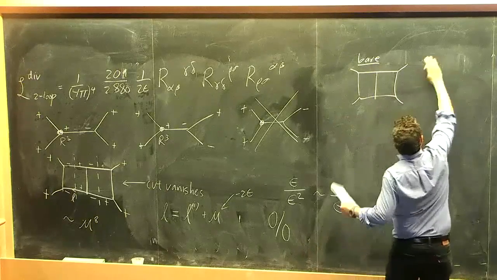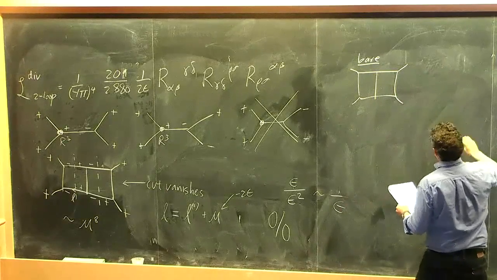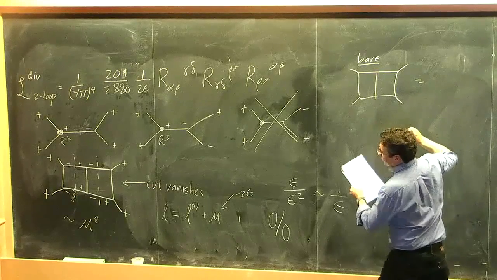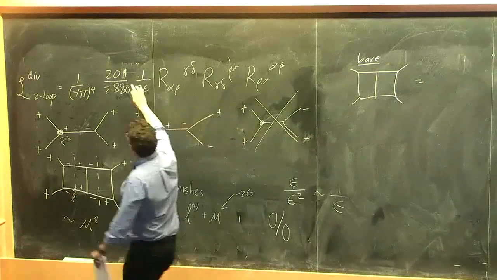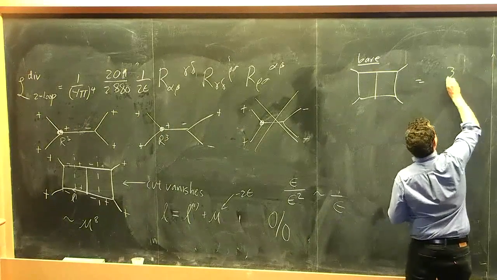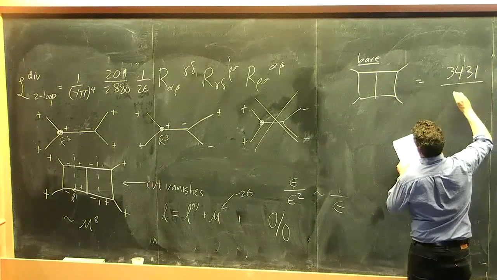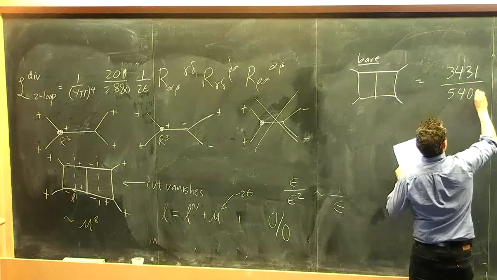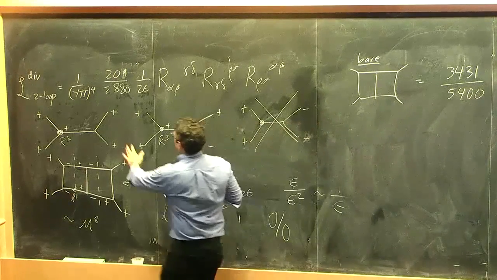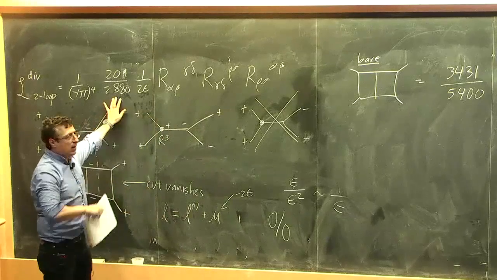You discover that you don't get the right number. You get, instead of that 209, 3431 over another number. There's actually a difference between these two numbers. I'm looking at an amplitude here, and this is the counterterm, but some simple combinatoric factor.